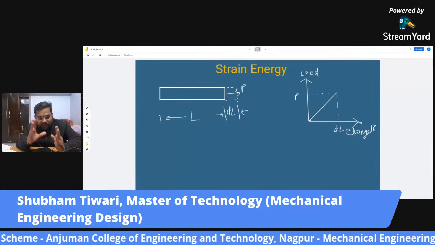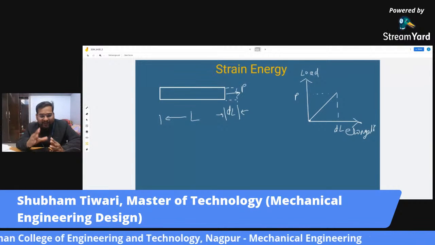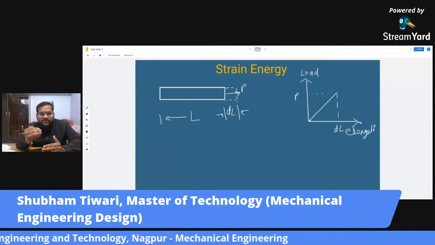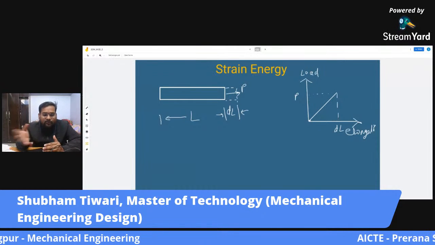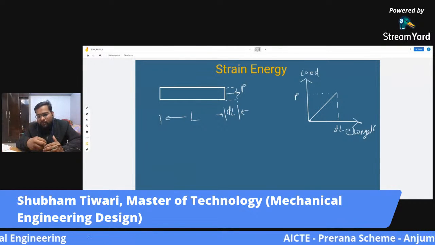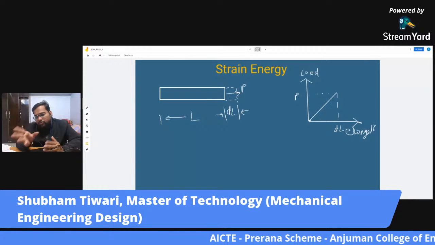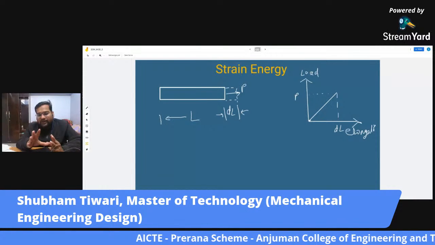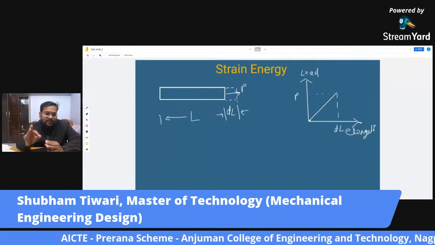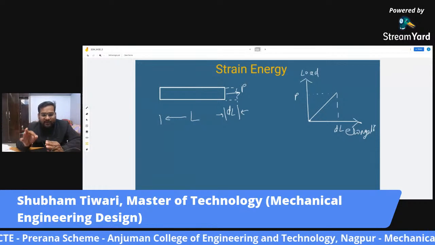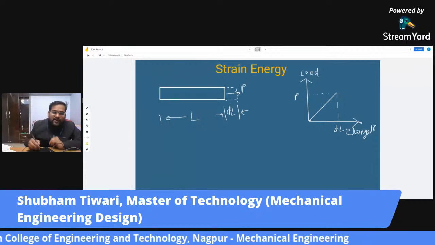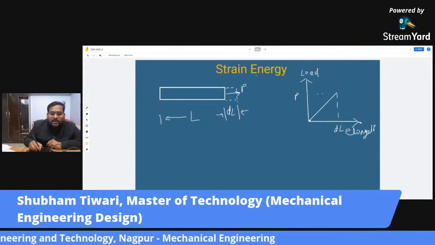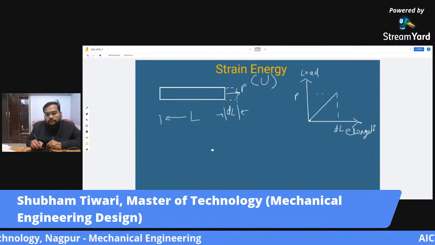Whenever an object is strained or deformed, it stores some energy, and it uses that energy to regain its original shape whenever the load is removed. I hope the concept is clear. Strain energy is denoted by capital U.